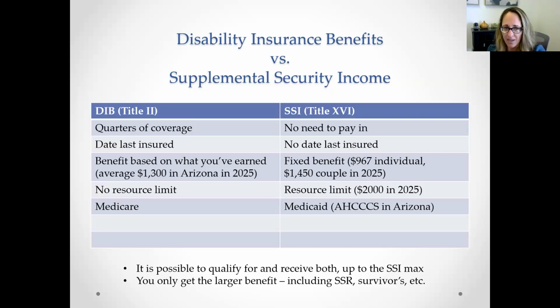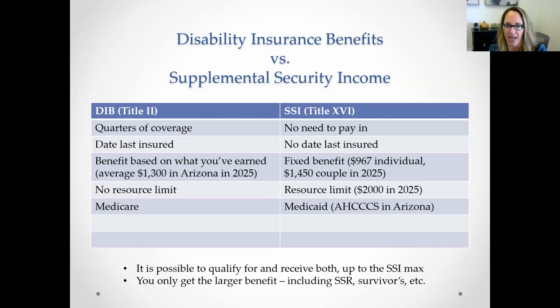And let's say you paid into Title II, you worked and you paid in enough to have enough quarters of coverage to get Title II disability benefits, but your wages were very, very low, and the average benefit that you get would only be like $500 a month. SSI can step in and pay the remainder up to that $967 maximum.